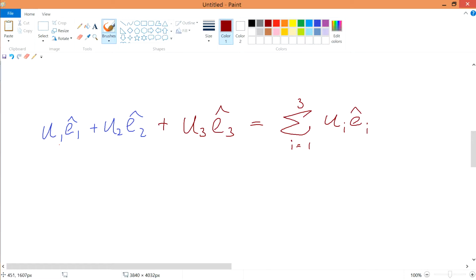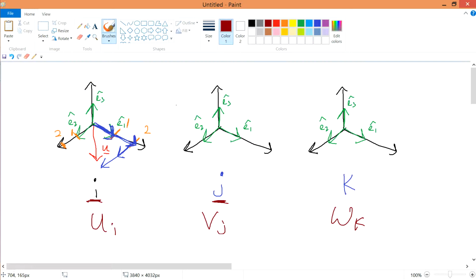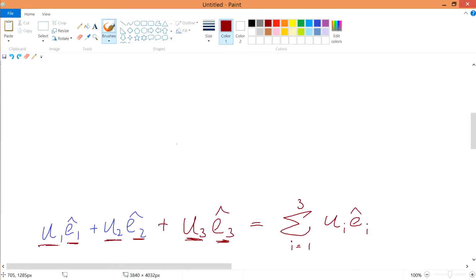So to get back here, u1, u2 and u3 are simply the components, and e1, e2 and e3 are the basis vectors. Graphically, the basis vectors are the green ones, while the components are how many blue ones there are, and the vector is the red one.